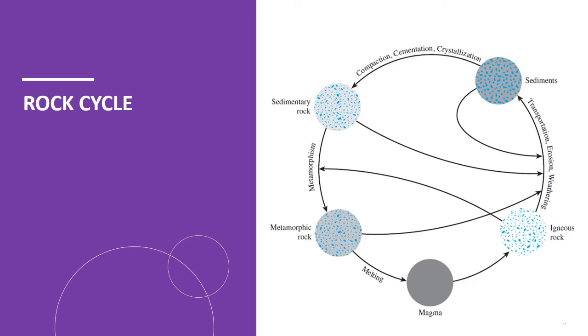Sedimentary rock will go through the process of metamorphism and will produce metamorphic rock. Once this metamorphic rock melts, it will create magma, and then the rock cycle continues.